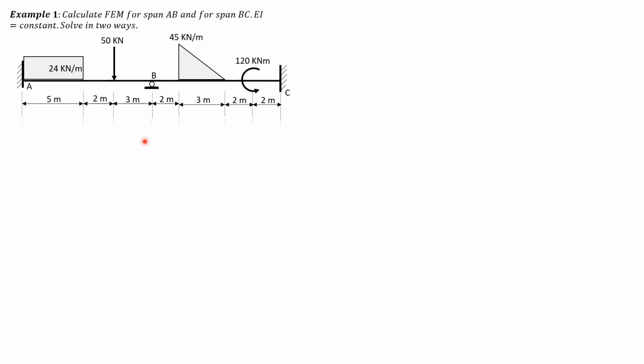So for AB, the moment diagram by parts, let's take A as the wall. You can make the wall anywhere, but the easier way is at A as the wall. So 24 times 5 times 2.5, the moment is 300 and the curve is second degree. And moment due to 50 is 50 times 7, so 350, triangle.